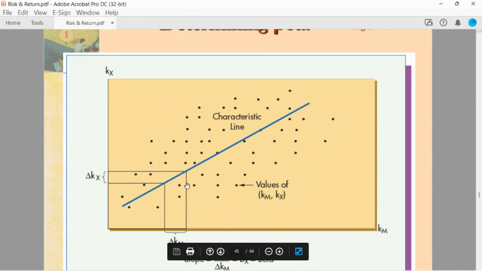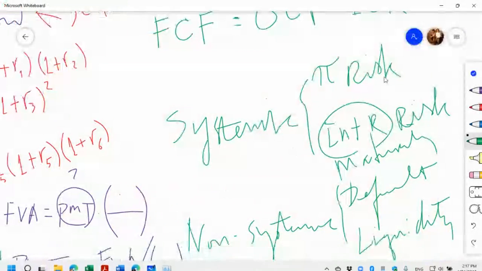This blue line is called the security characteristic line, which is basically the trend line of that stock, how the stock is trending in relation to the market, how Apple is trending in relation to the S&P 500. Okay. So, of course, the lines can be.